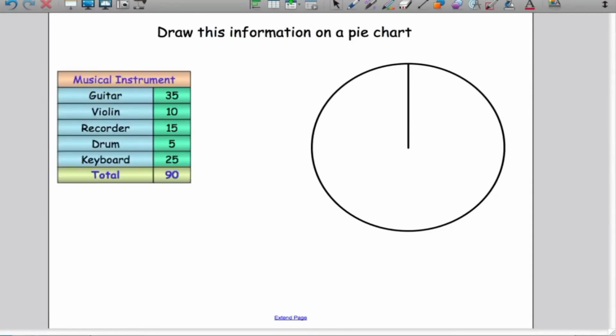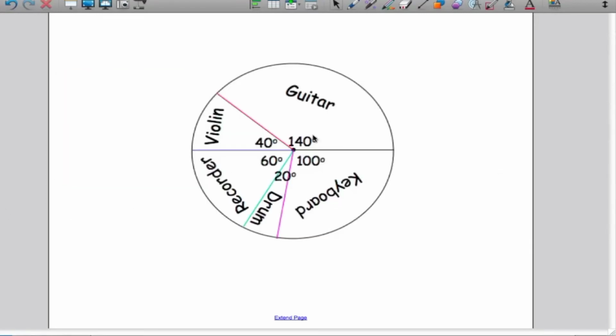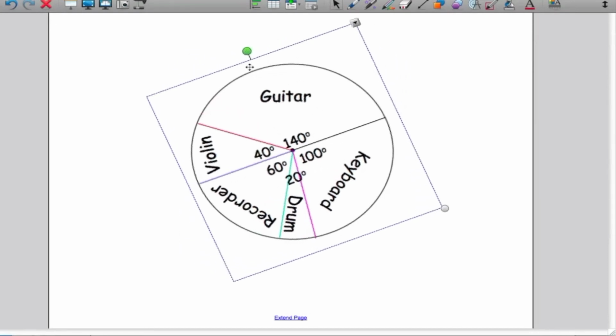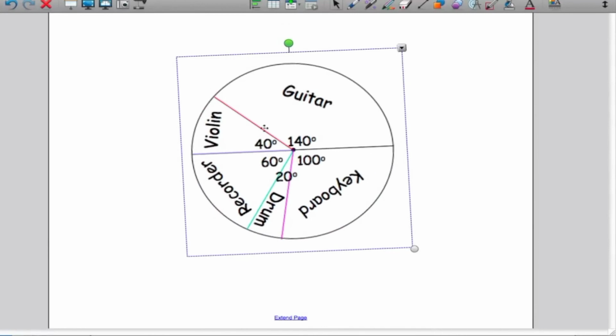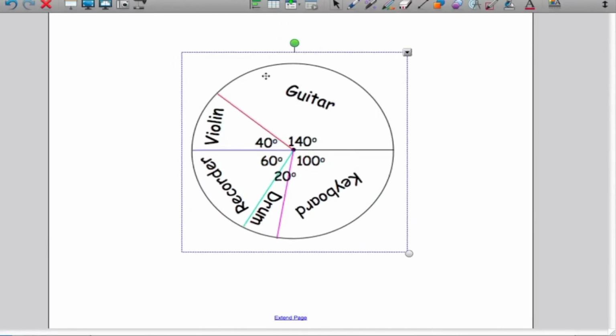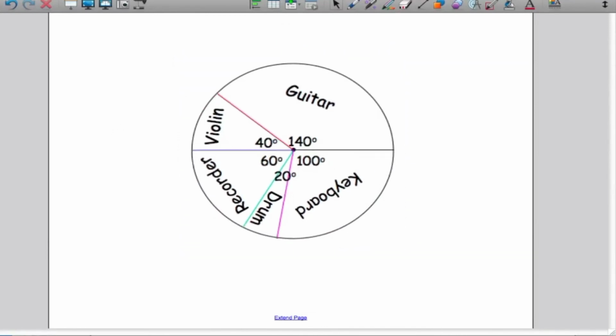In order to test your knowledge on what we've just done, you can pause the video and solve this particular question as your class work. If it is done correctly, your pie chart will appear as this.